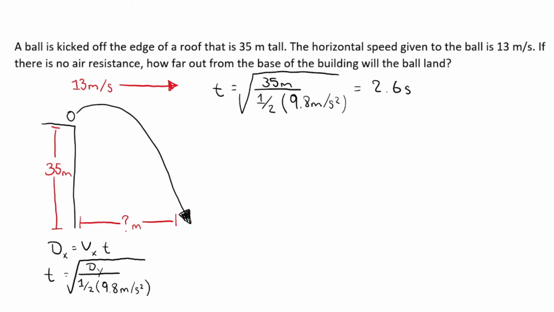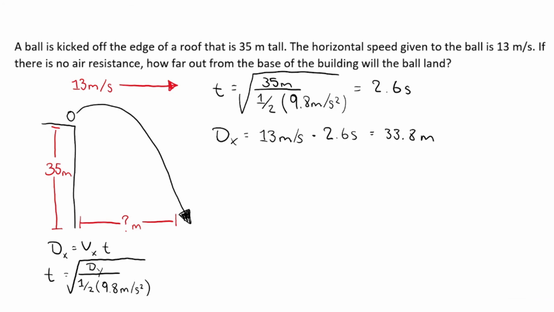Now plugging that into our distance, velocity, time ratio, it's going to look like this. Distance is what we're looking for on the horizontal axis, and we plug in the velocity, which is 13 meters per second, times 2.6 seconds, and that gives us 33.8 meters.